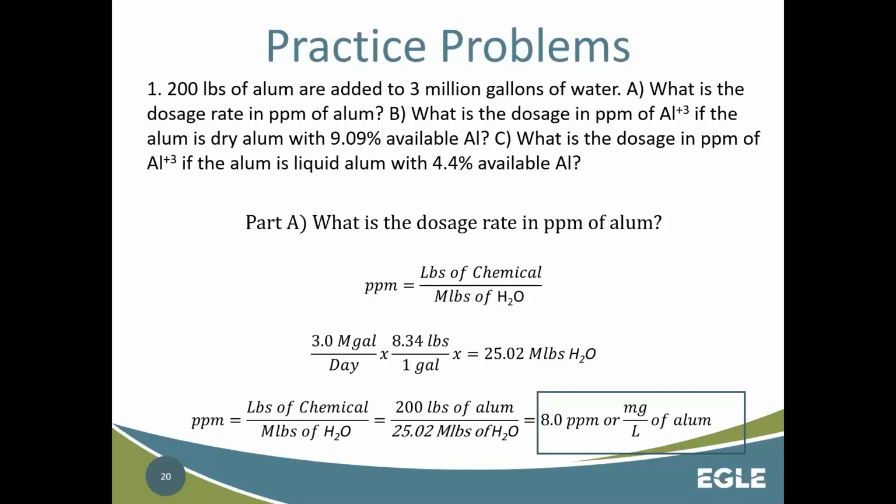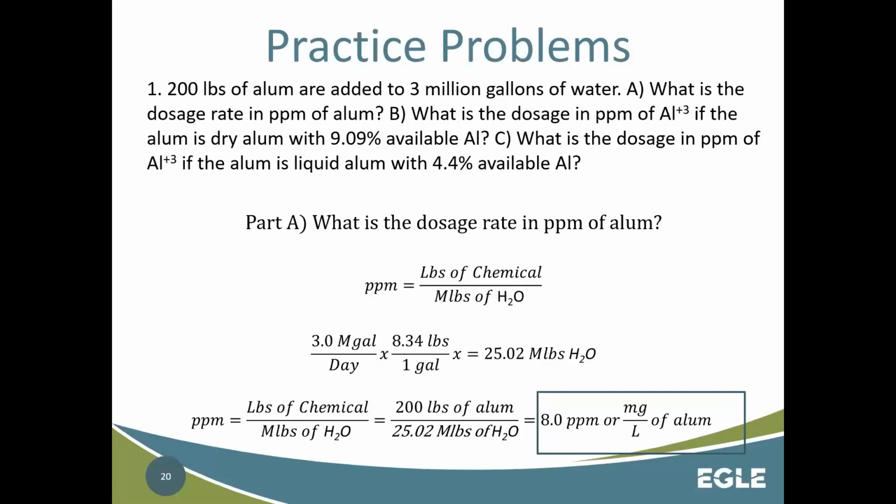Part B, what is the dosage in ppm of aluminum ion if the alum is dry alum with 9.09% available aluminum? And the third part is, what is the dosage in ppm of aluminum ion if the alum is liquid alum with 4.4% available aluminum?